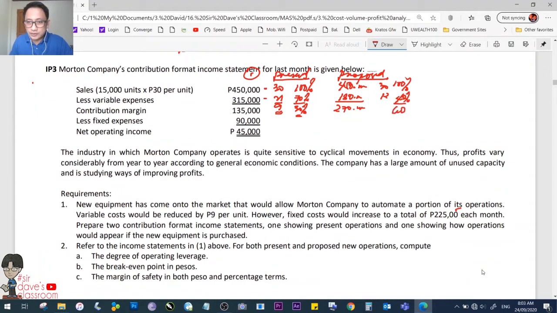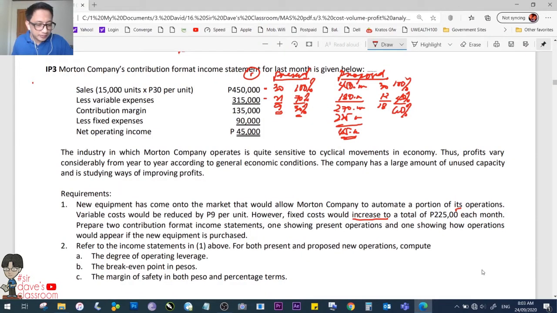Accordingly, your CM percentage must be 60%. So, this one must be 18 pesos. Our fixed cost, alright, would increase to 225,000. So, 225,000 deducted from 270,000, this one would be 45,000. So, I think that satisfied requirement number 1 already.